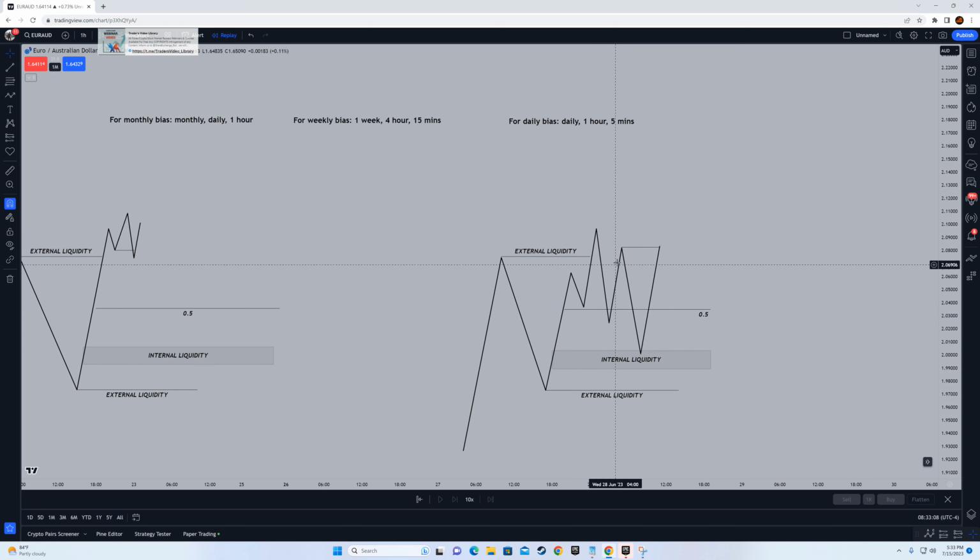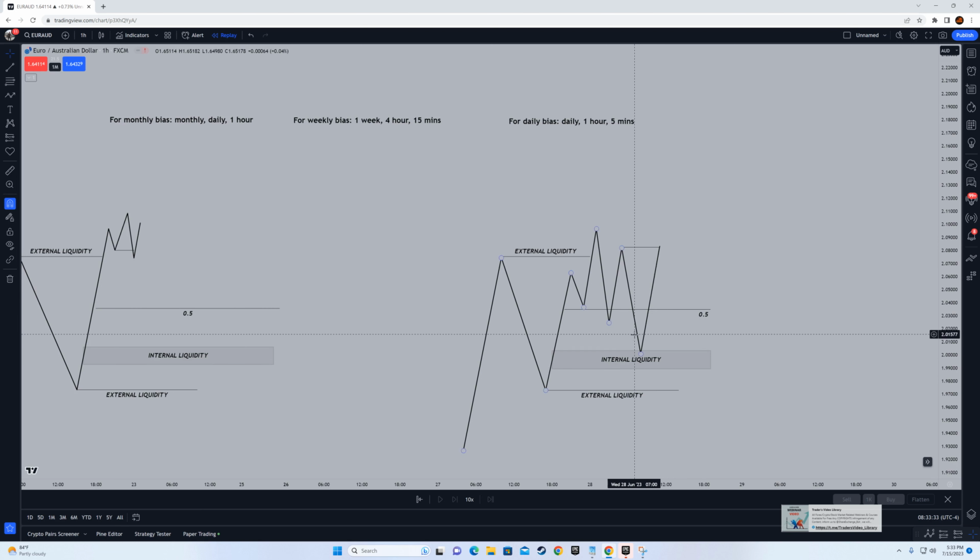So right here you can see we get a market structure shift. We take our entry, we target this level, this fair value gap below the 0.5 level. And from here onwards, you can see we move from internal to external. Now, moving from internal to external is, I would say, not that high probable, if that makes sense.